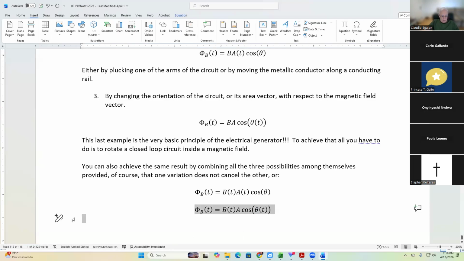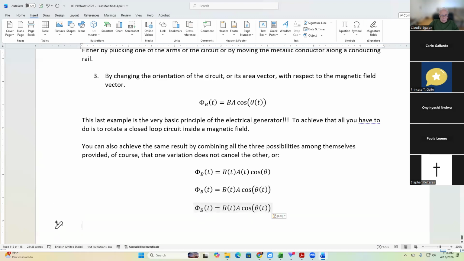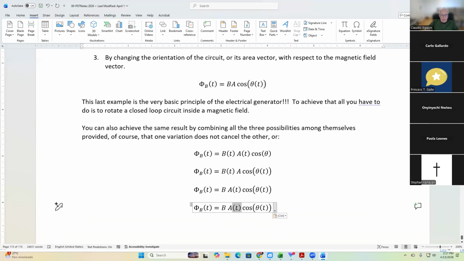You can have a simultaneous change in the orientation of the magnetic field and a change in the area of the circuit. And then, finally, the last one: everything changes at the same time, right? So we have a total of 1, 2, 3, 4, 7 different ways of inducing a current in the circuit.